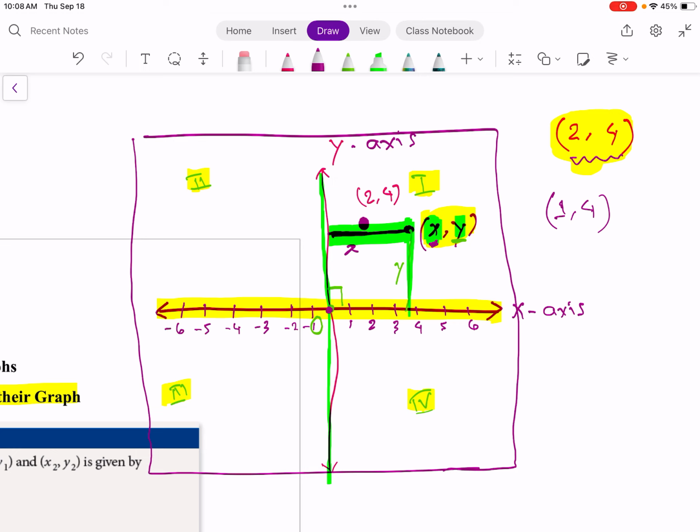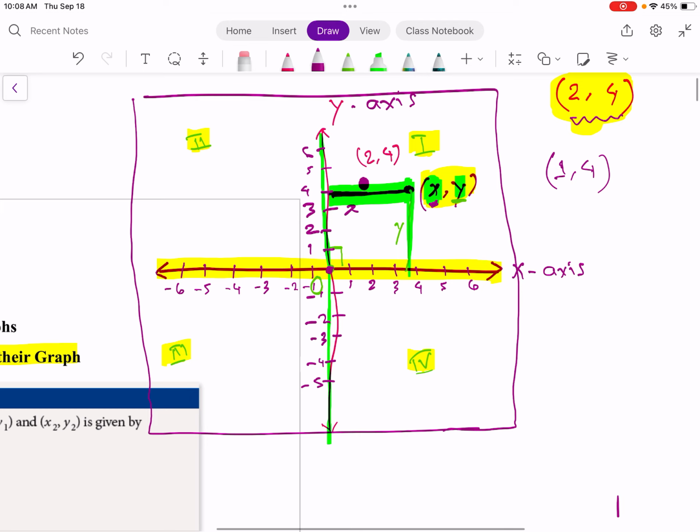In a similar way, we take the y-axis as a number line, and we have a 0 here, and the numbers going upward we take as positive: 1, 2, 3, 4, 5, 6. On the downside we have negative numbers: -1, -2, -3, -4, -5.